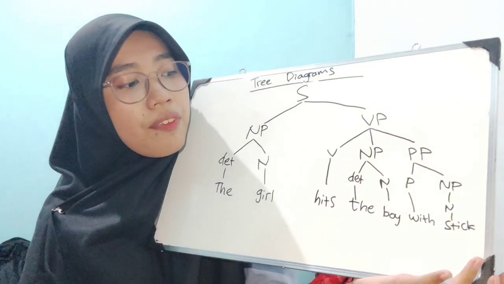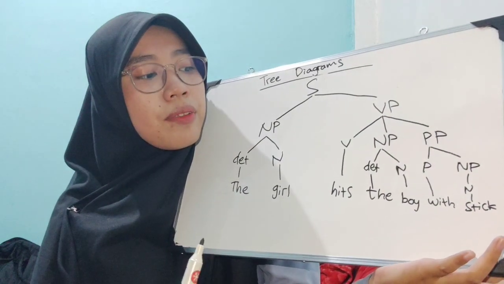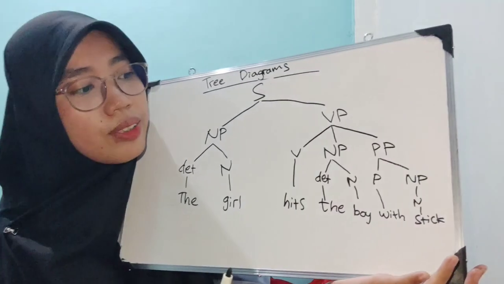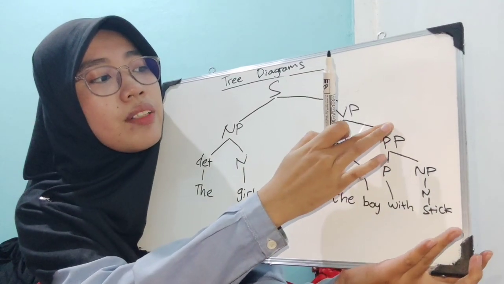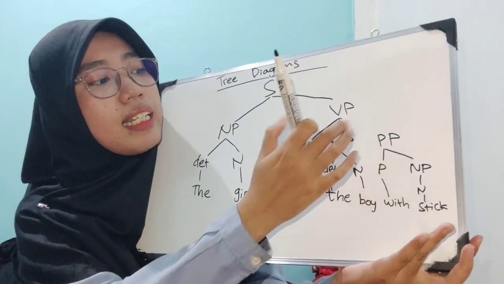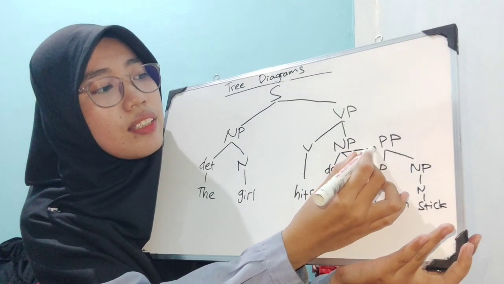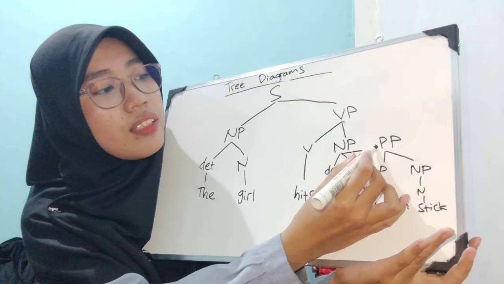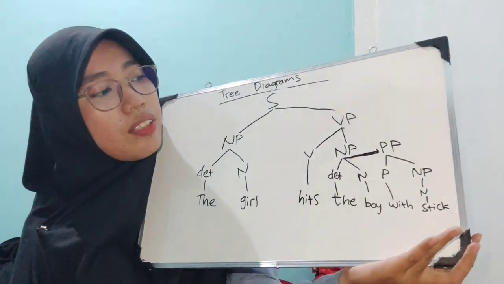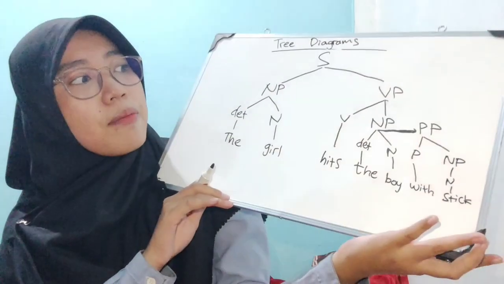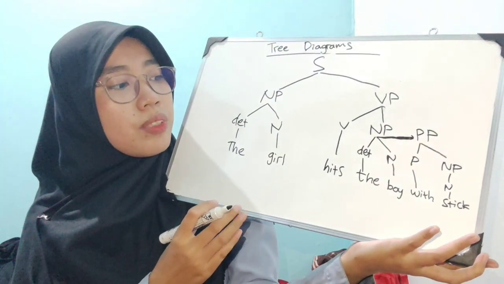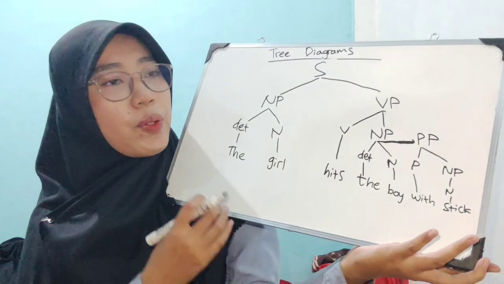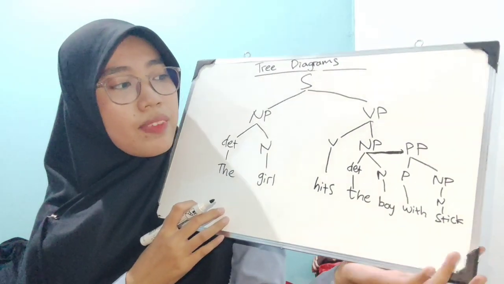But if we want to change it so that the one who holds the stick is the boy, we insert this and then add the line here. So with this, the meaning changes: the one who holds the stick is the boy, not the girl anymore. So that's all for the tree diagrams.